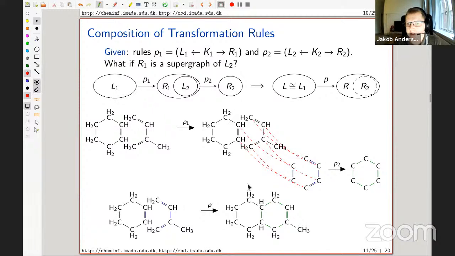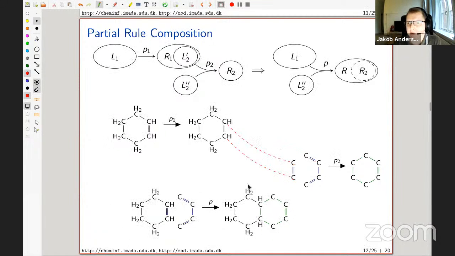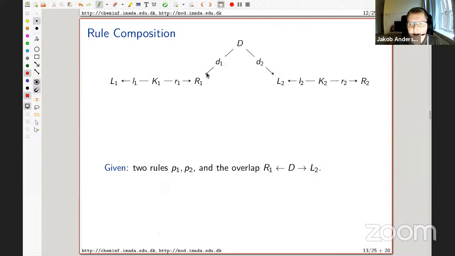But if we look at the connected components of the left-hand side, we could also imagine taking just a subset of the connected components and embedding them, and doing such a partial composition. So it could be that this connected component is mapped to this molecule, and this connected component is later mapped to something else. In general, we can do rule composition by exploiting the diagram for the concurrency theorem.